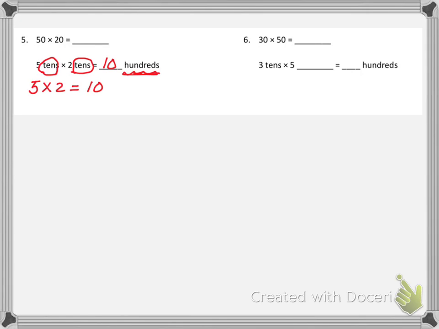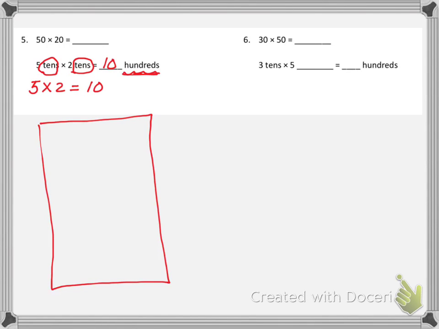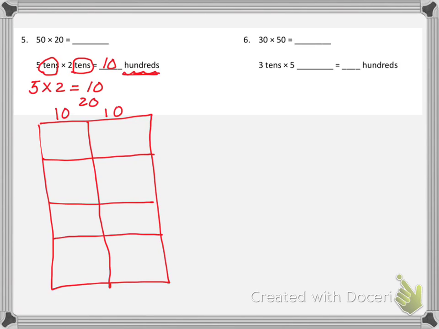So if we wanted to set this up by using an area model, we could make it look something like this. Split it right in half, and that's a 10, and that's a 10, because this up here is going to be 20. And then on this side, we got 1, 2, 3, 4, 5, and that represents the 50. 10, 10, 10, 10, and then a 10.